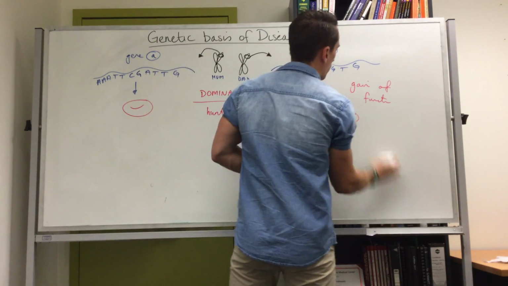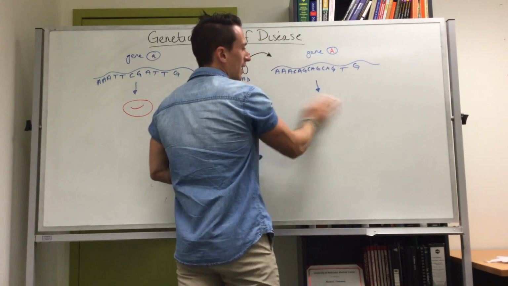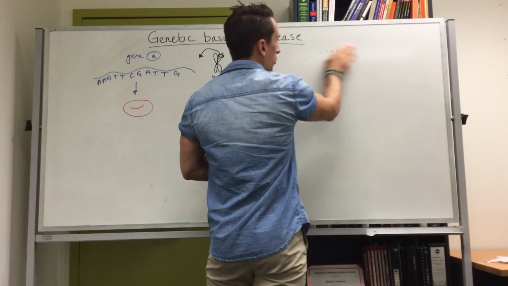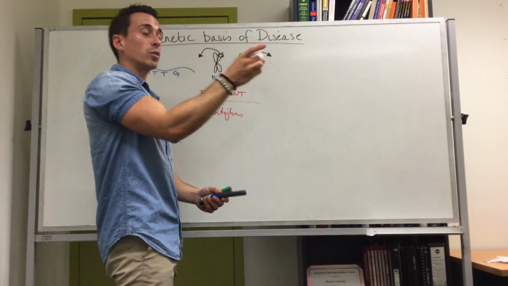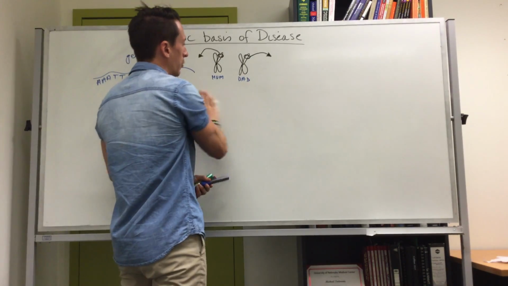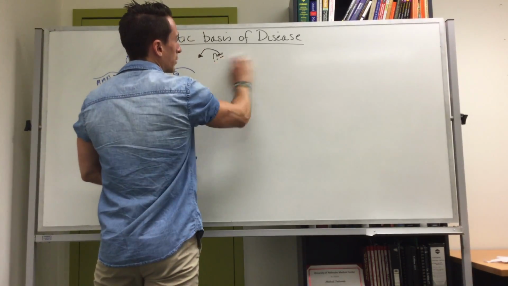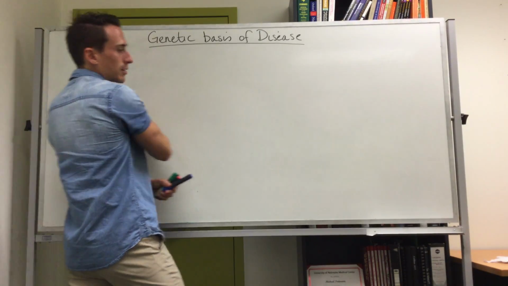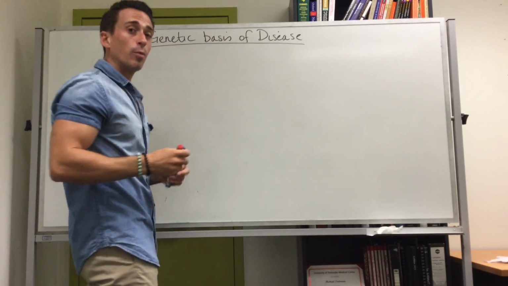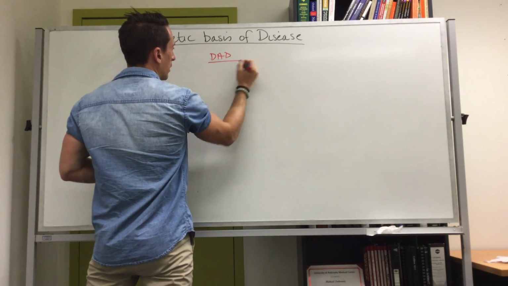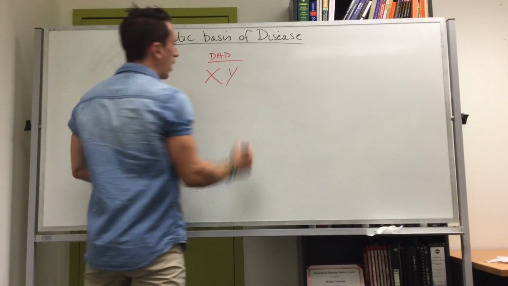All right, the very last thing I want to talk about is sex-linked diseases. So this is those diseases that are inherited from chromosomes 1 to 22, what I've just drawn up. Now I want to show you diseases that are inherited through the sex chromosomes, XY or XX. So, remember that if you are genetically male, so your dad, he's going to be XY.